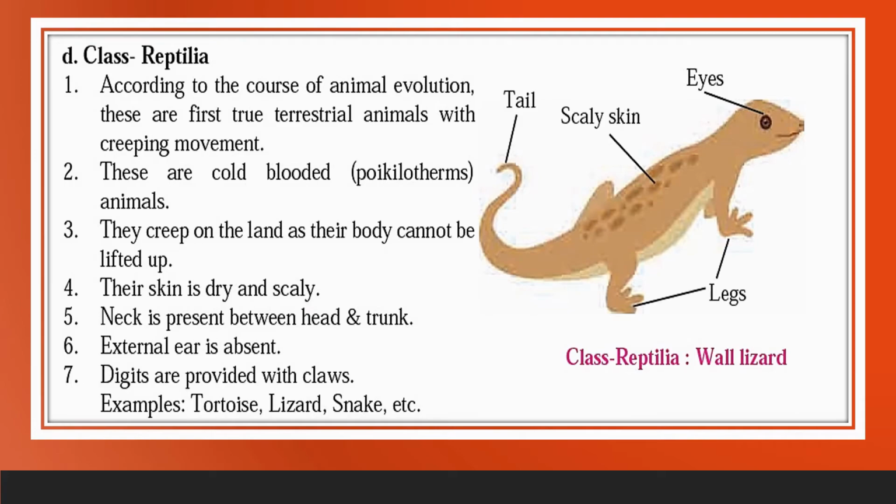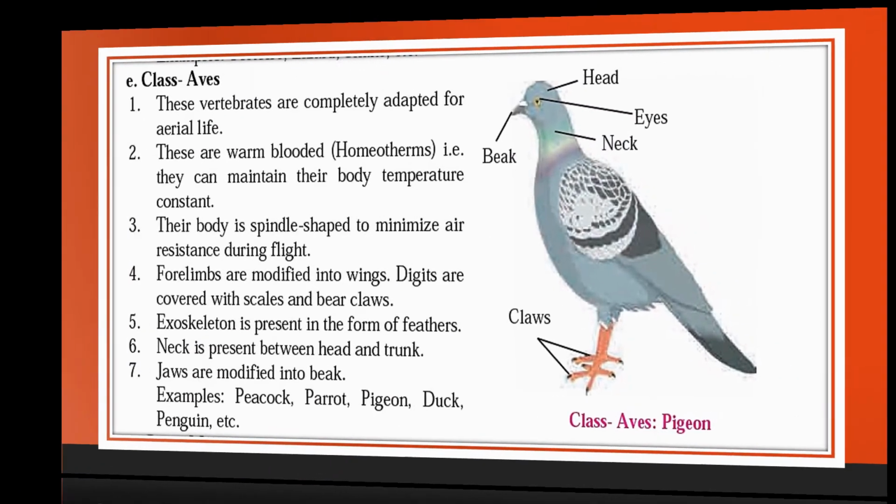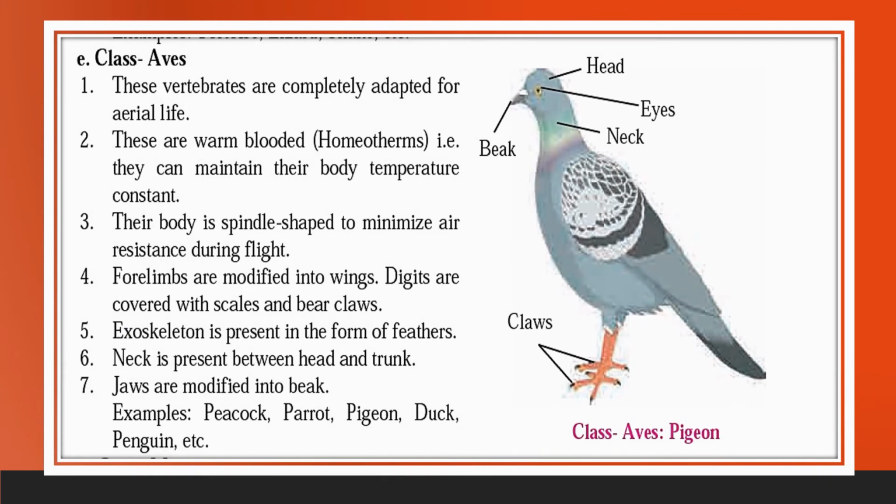And the fifth class in subphylum Vertebrata is class Aves. These vertebrates are completely adapted for aerial life. These are warm-blooded. Warm-blooded animals are also called homeotherms. That means they can maintain their body temperature constant. Their body is spindle-shaped to minimize air resistance during flight, and forelimbs are modified into wings.